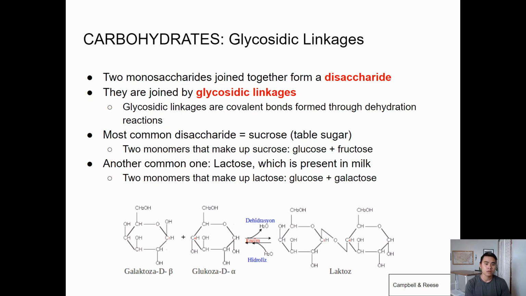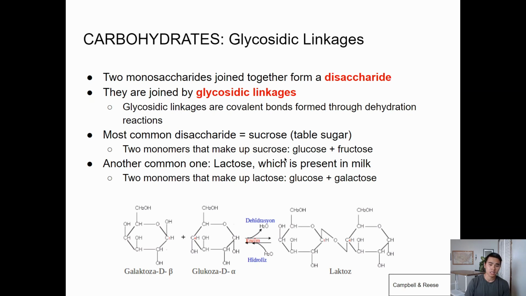And then if you change that fructose, and instead of having a glycosidic linkage between these two, you have a glycosidic linkage between glucose and galactose, you now make lactose. So different monomer combinations influence what type of disaccharide occurs. So these are two that you see very commonly, sucrose and lactose.